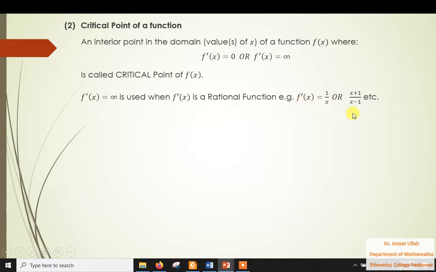And whenever f prime x is in this fashion, that is numerator and denominator both contain the variable x, then we will use f prime x equal to 0 and f prime x equal to infinity to find the critical point of the given function. And whenever f of x is a polynomial or not in this fashion, then we'll use only this statement, that f prime x equal to 0, in order to find the critical point of a function.